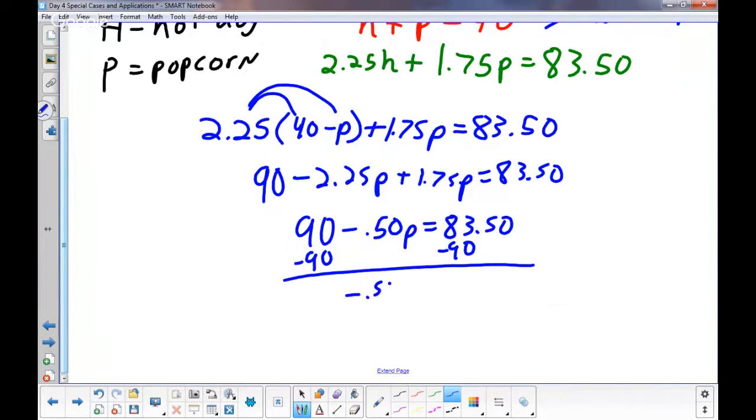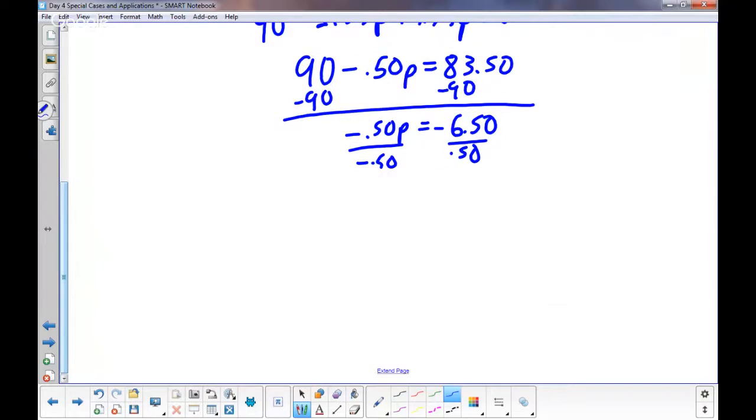You get negative 0.50P equals negative 6.50, divided by negative 0.5. And what we end up with is P is equal to 13. So we sold 13 bags of popcorn.